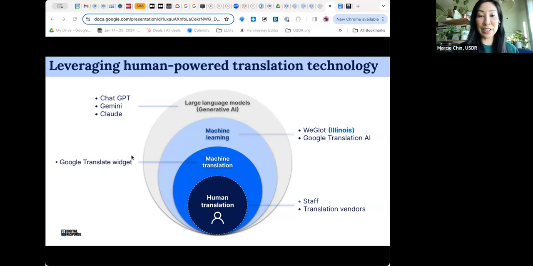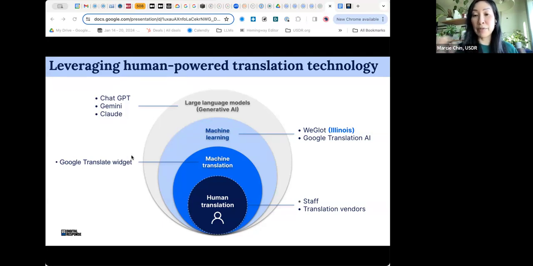So starting with human translation, moving up to machine translation. An example of that would be what we see on most government websites, which is a Google Translate widget. So it's not necessarily what we call a smart translation tool. It really just does a quick dynamic translation of the content on the page.